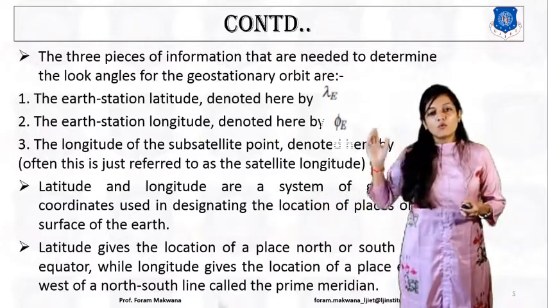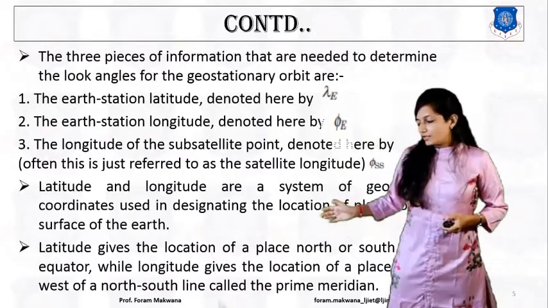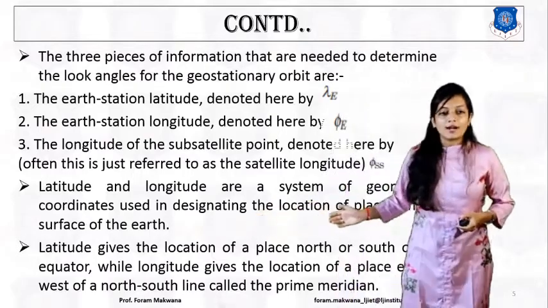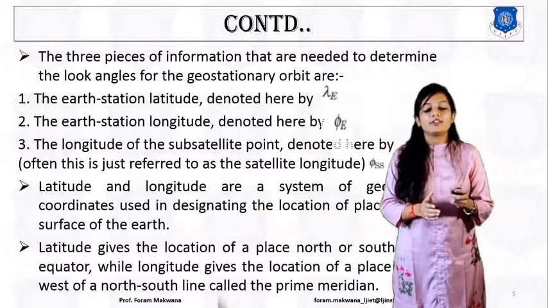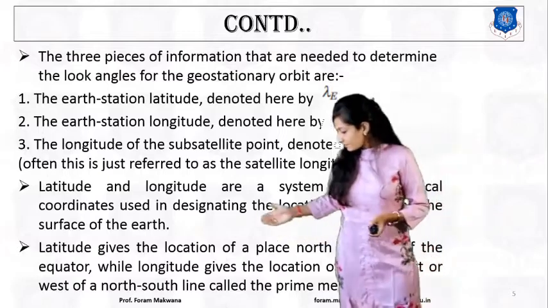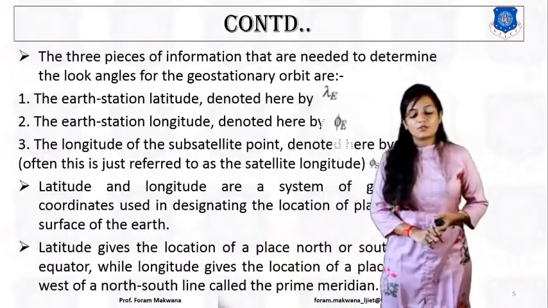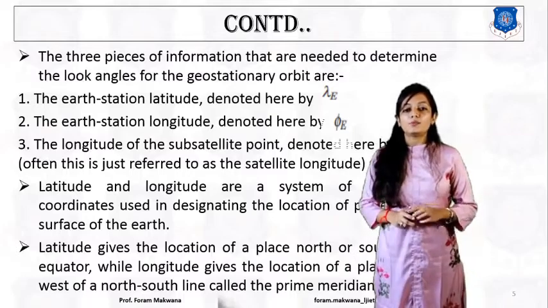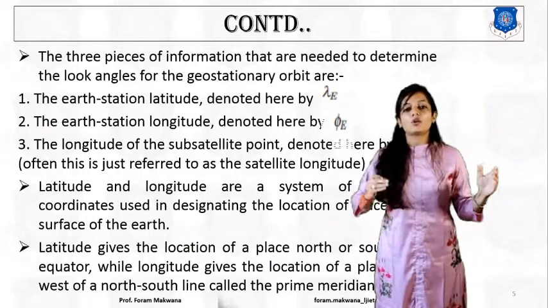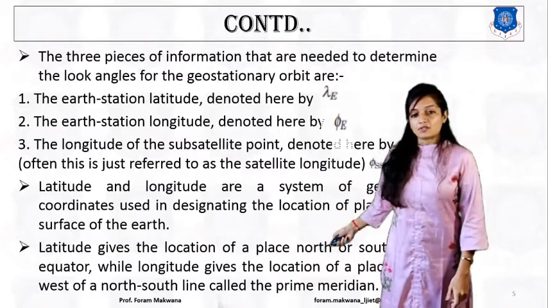Latitude gives the information of whether the place is on the north side or the south side. Longitude gives the information of whether the position is on the east side or the west side, based on the reference called the prime meridian.